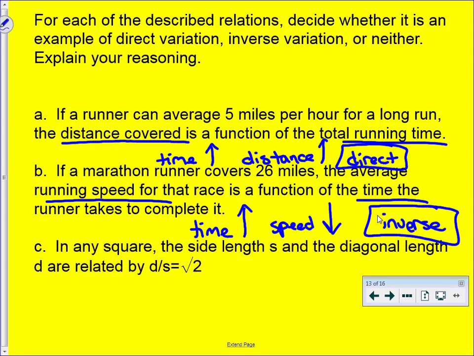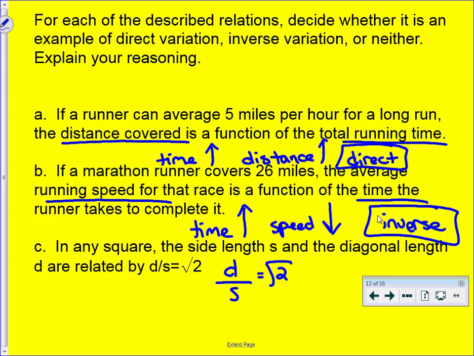Now, the C that you look at here says in any square, the side length S and the diagonal length D are related by D divided by S equals the square root of 2. Literally what it gives you is a whole lot of information that doesn't make a whole lot of sense. It's not asking you to compare anything, it just gives you the picture.